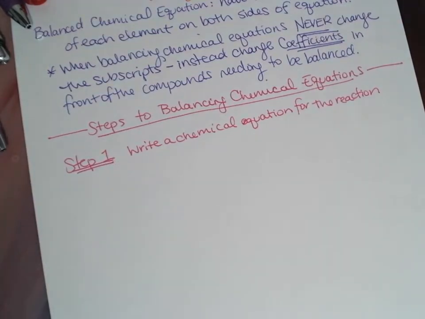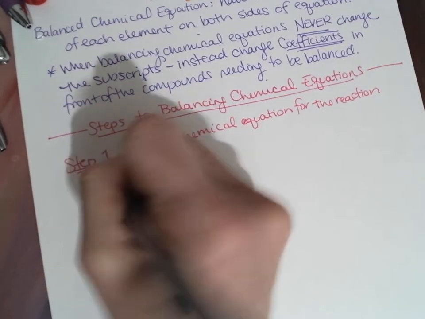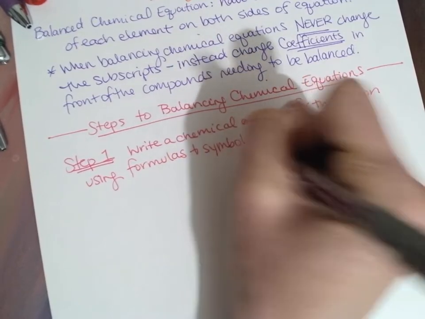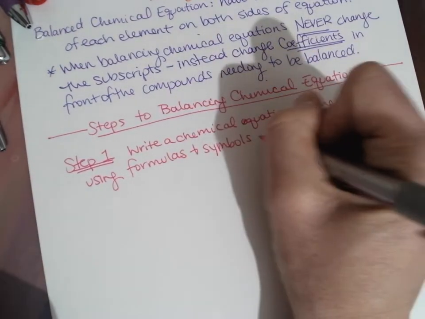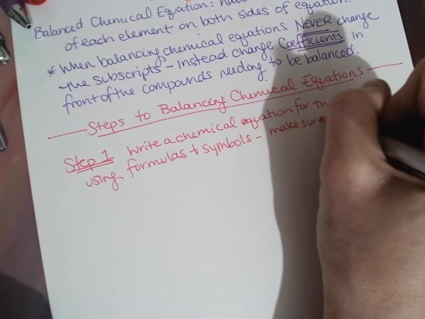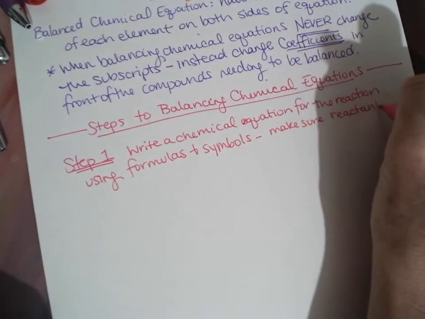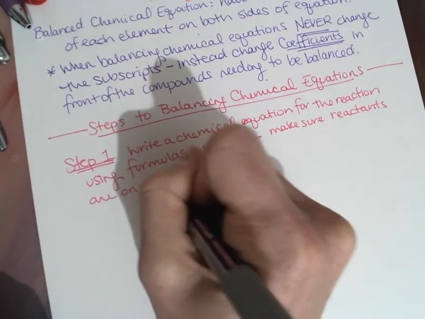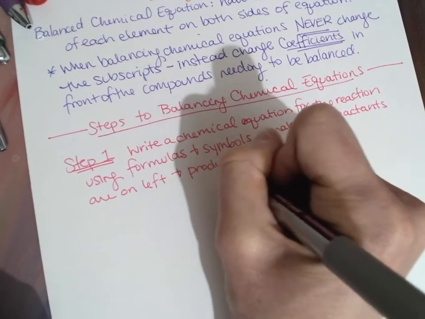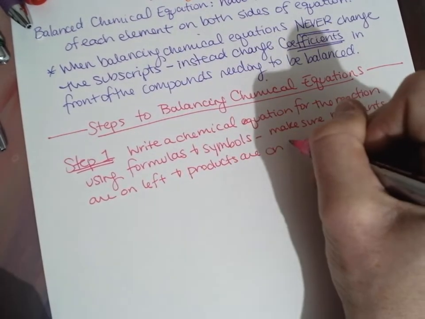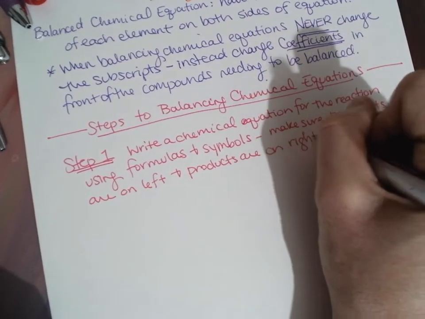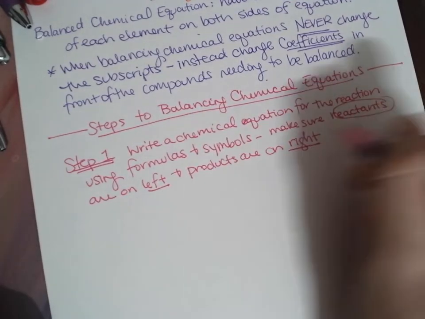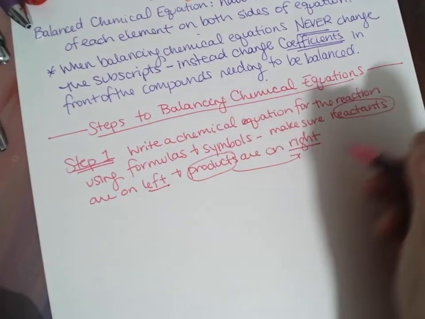Write the chemical equation using formulas and symbols. Make sure reactants are on the left and products are on the right.